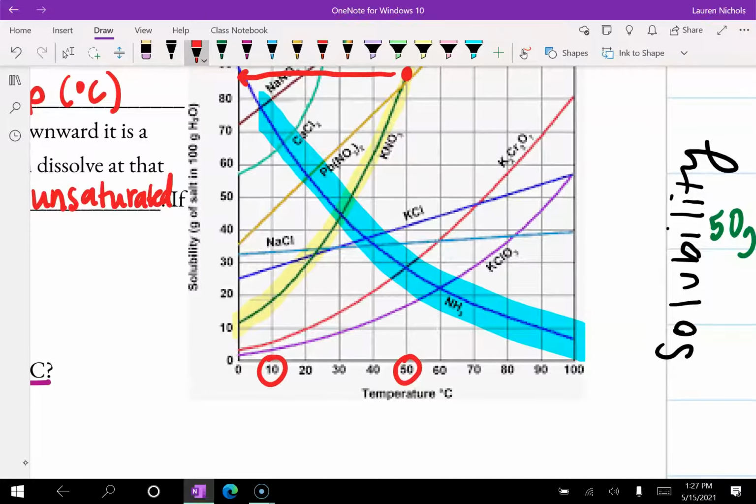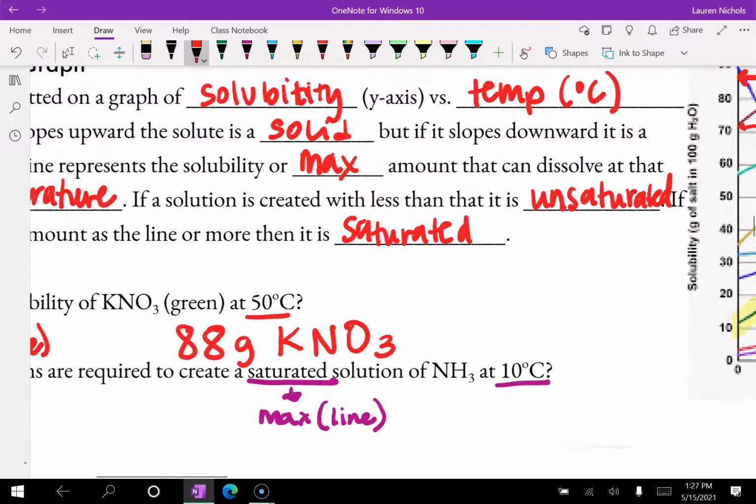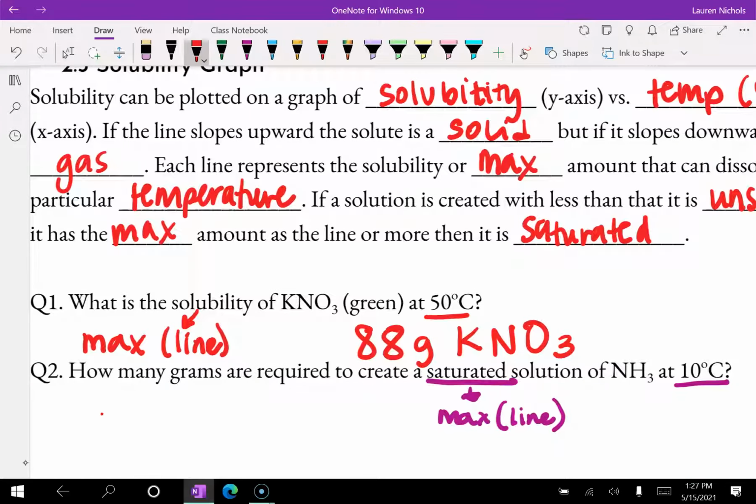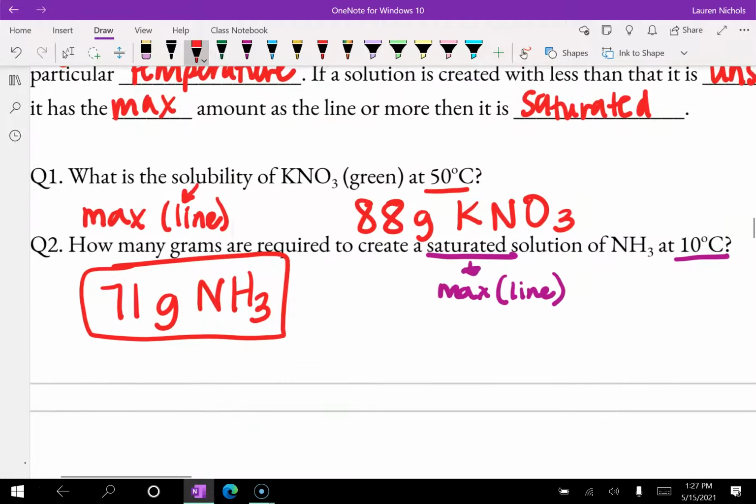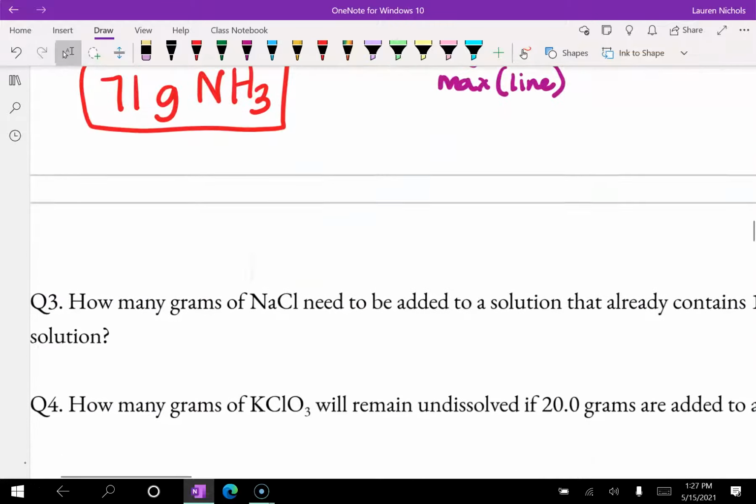If we go up to where that meets the blue line, it's right here, kind of above 70, but really close. So I'm just going to guess and say 71 grams, right? Not quite 70, but 71 grams of NH3 are required to be saturated. That's the maximum amount at 10 degrees.